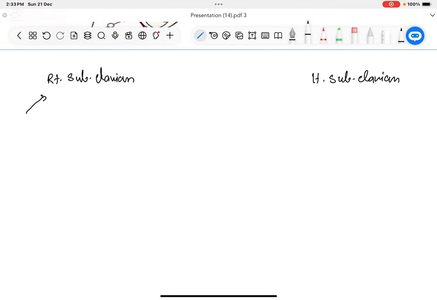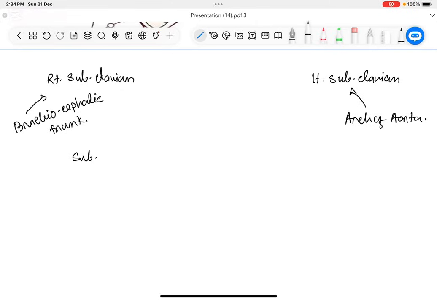The right subclavian artery is coming from the brachiocephalic trunk, and the left subclavian artery is directly a branch from the arch of aorta. Now, the subclavian artery will continue up to the outer border of the first rib. Then the subclavian artery will continue as the axillary artery.